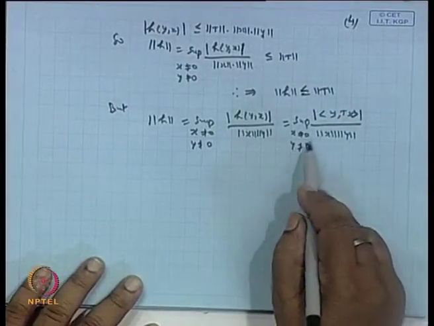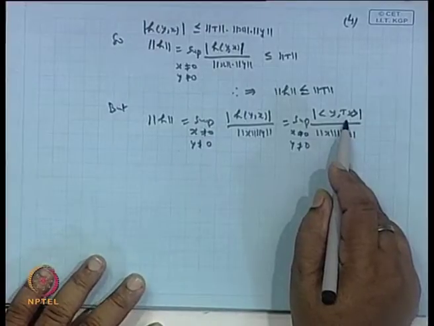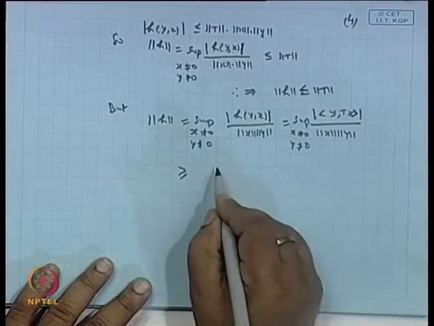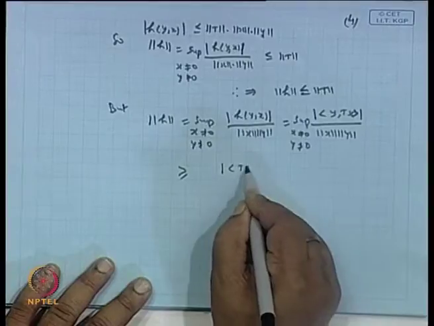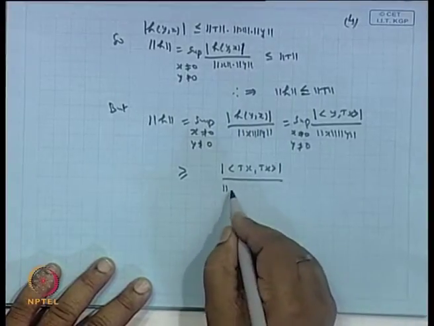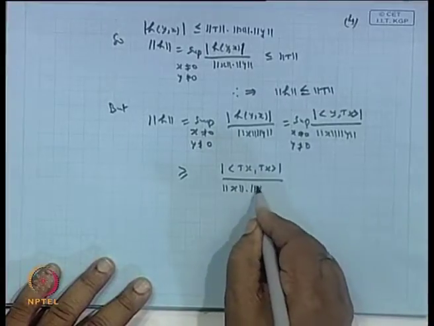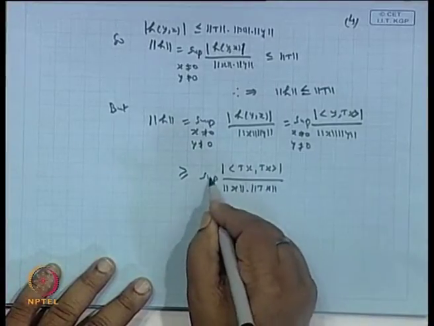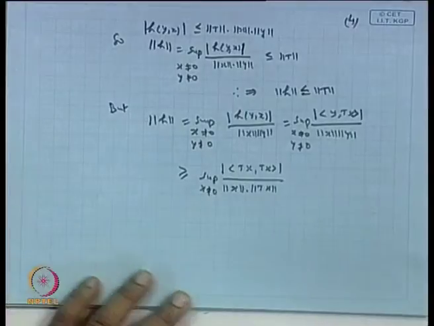Now, let us replace y by a particular value, Tx. So, the entire thing will be greater than or equal to modulus of the norm of Tx squared over norm of x into norm of Tx, and the supremum is when x is not equal to 0.